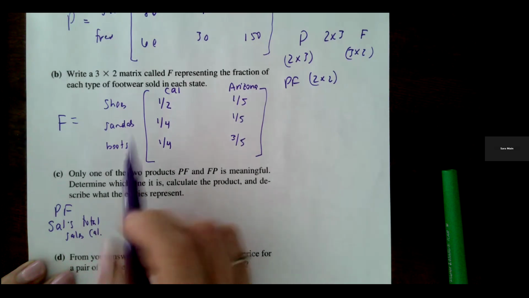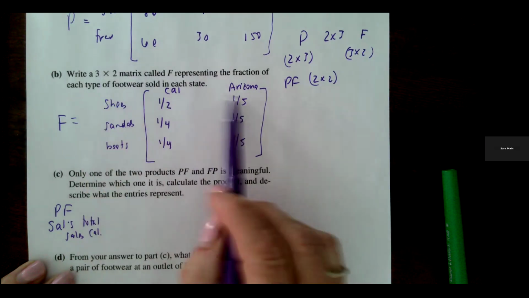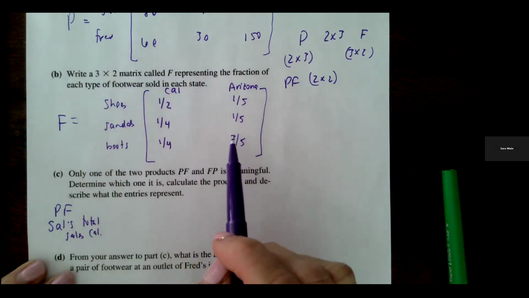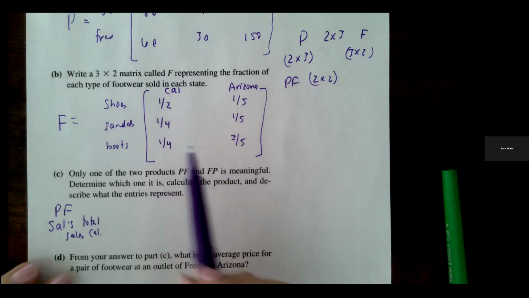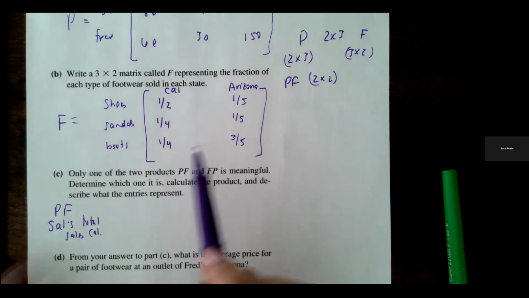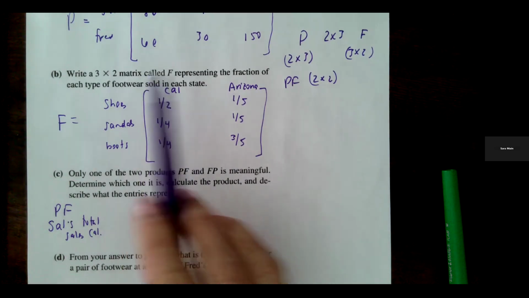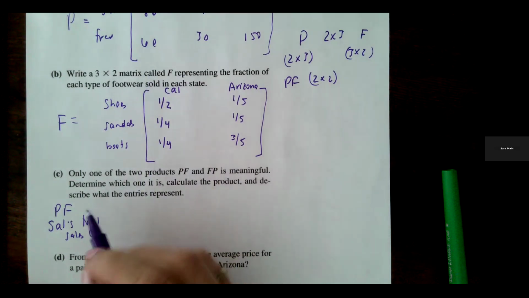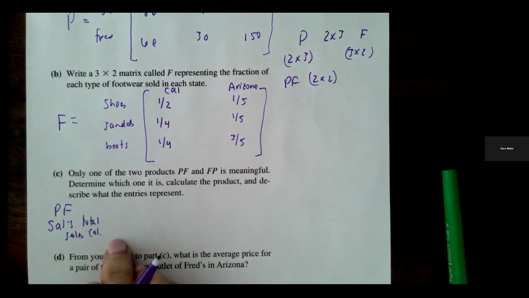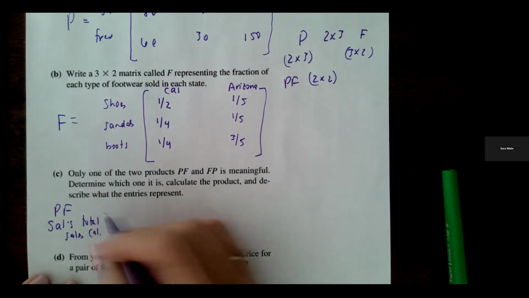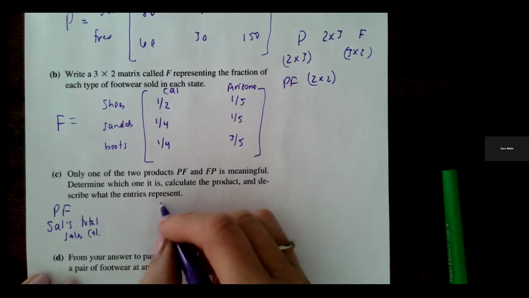And then it would be Fred's total sales, because it would be a 2x2. So it would be each of their total sales in each state.